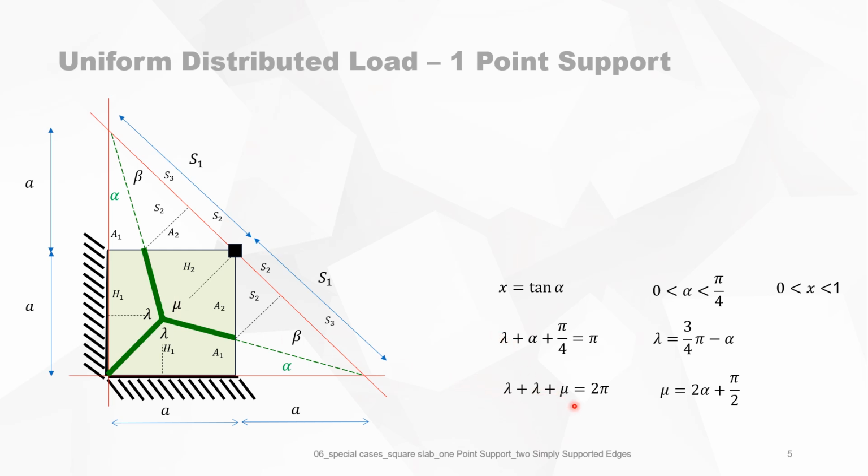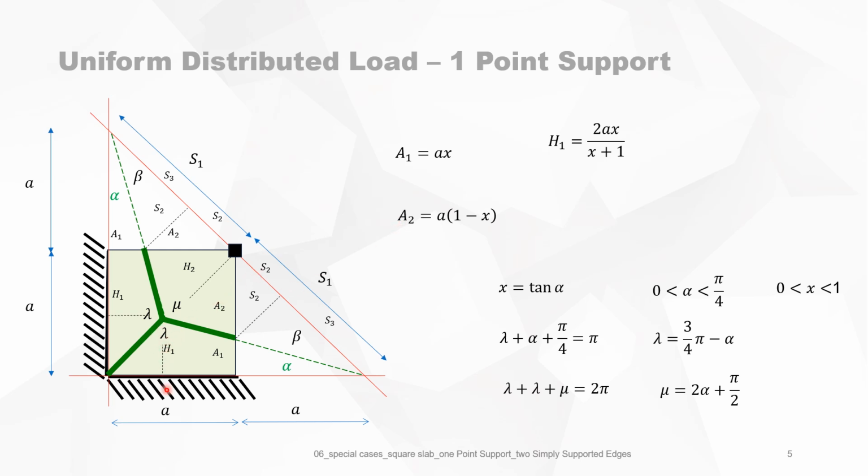We know what lambda is, so mu is equal to this expression. So we are busy expressing everything situated here as a function of alpha. A1, of course, is simple: it's a times the tangent of alpha, so it's a times x. And A2 is just a minus A1.